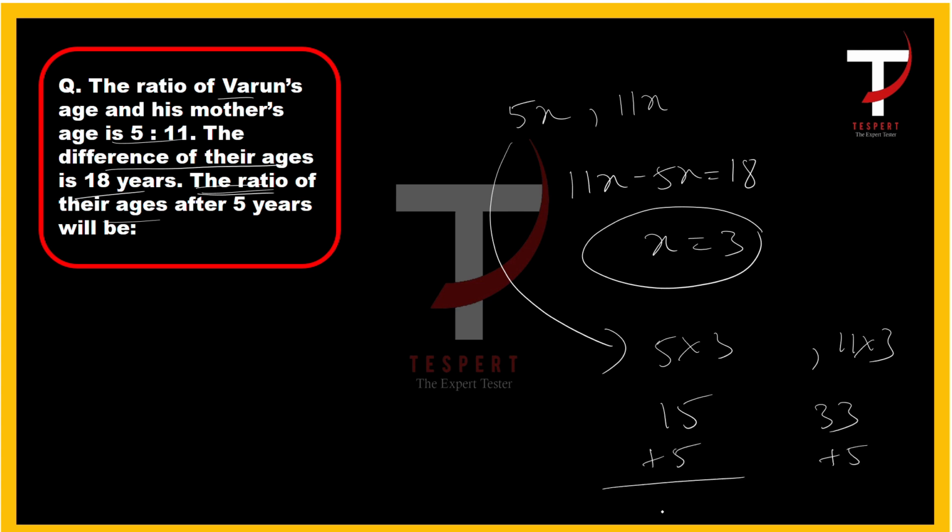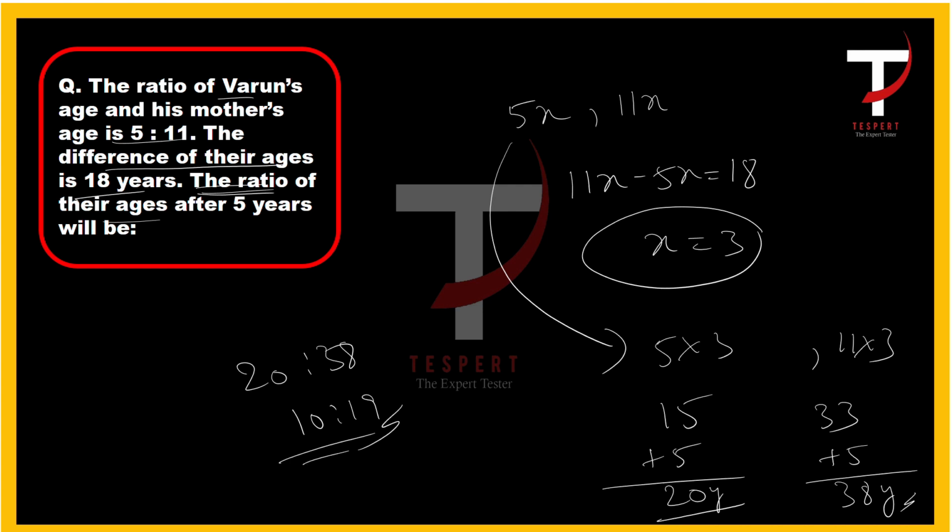So the final age after 5 years is 20 years, and in his mother's case it will be 38 years, right? So 20 years and 38 years, calculate the ratio. It's 10:19. So the ratio of Varun and his mother is 10:19 after 5 years.